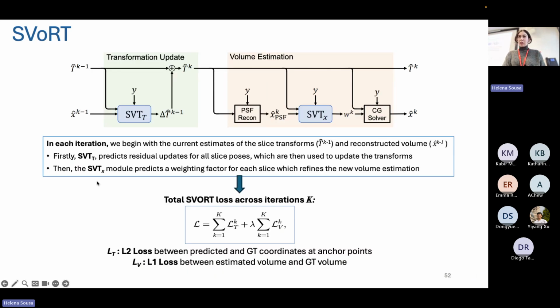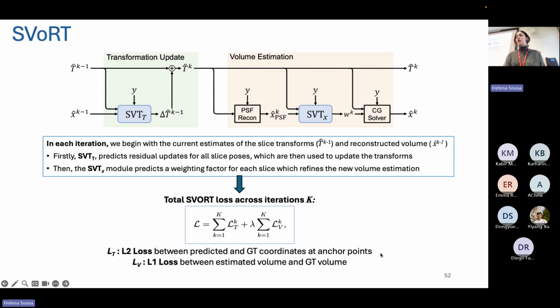So like I was saying, we just have here a little summary of all of these iterations for SVORT, so that we can see that the total loss of SVORT includes this LT loss, which is basically an L2 loss between our predicted and ground truth coordinates at anchor points of slices.